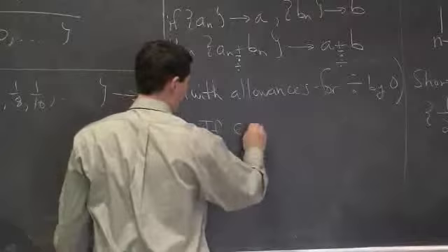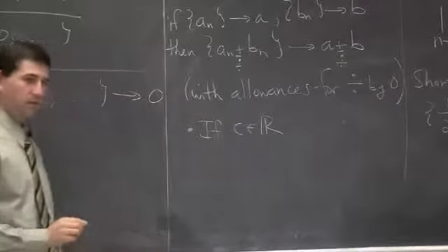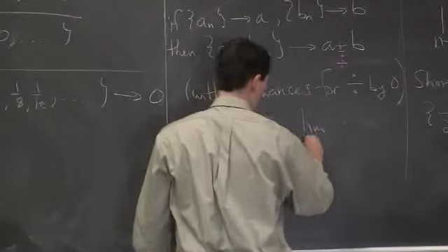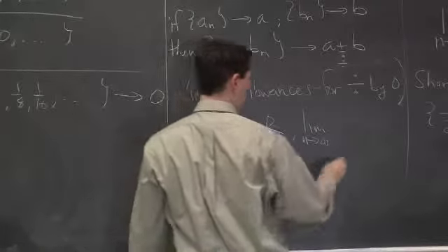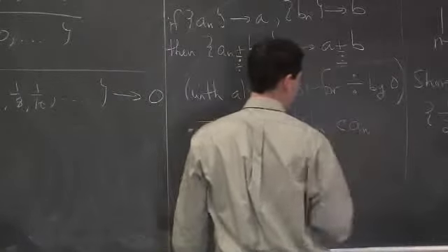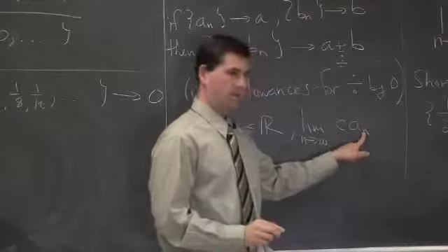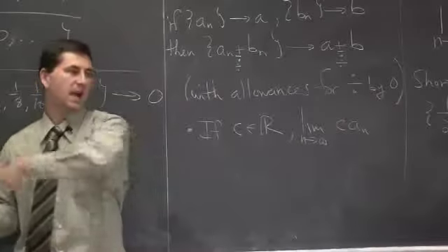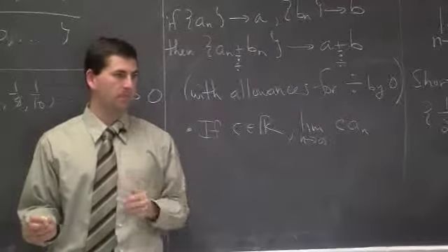What if you choose a constant and you look at the limit as n goes to infinity of the sequence constant times an? So you take your sequence, and now I just multiply every term in the sequence by the same number.